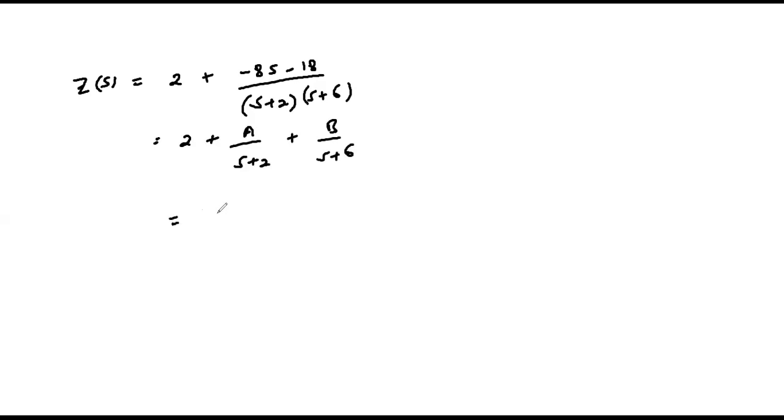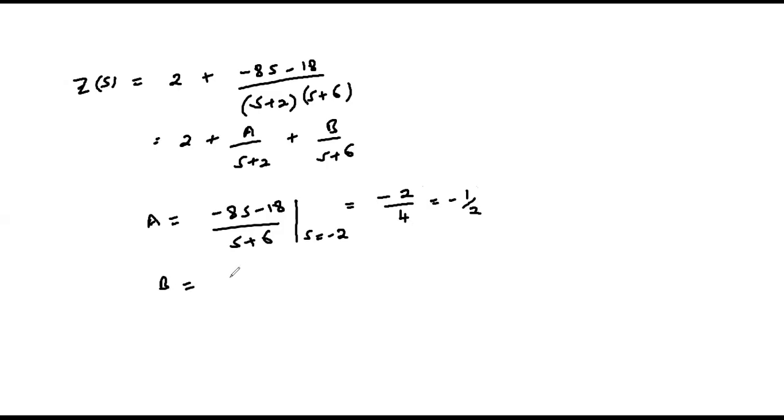A is (-8s - 18) divided by (s + 6) when s is -2, which gives -2 over 4, which is -1/2.